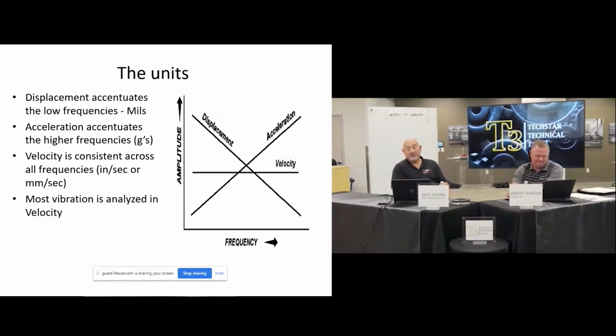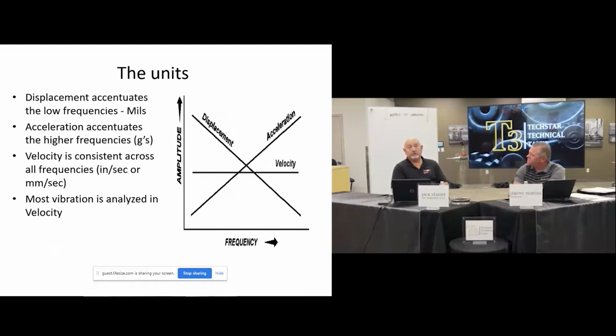We look at displacement in correlation with the acceleration and velocity. Displacement measures low frequency better than it measures high frequency. Acceleration measures high frequency better than any low frequency.